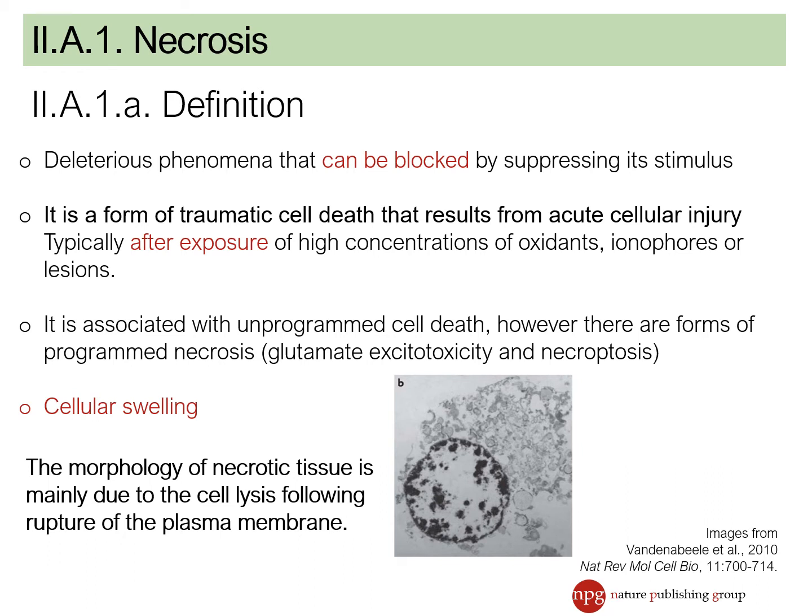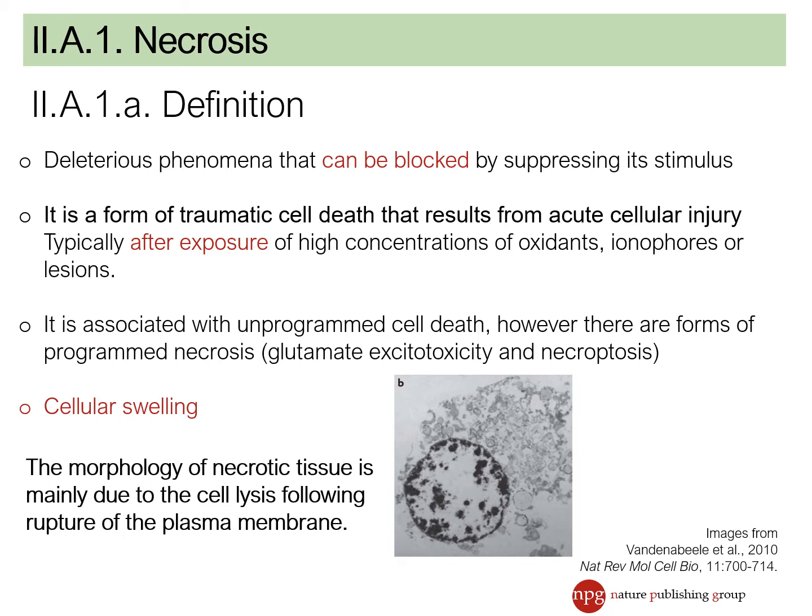So it is a process that can be stopped and it can be interrupted once you identify what is causing the necrosis initiation. This is a form of a traumatic cell death that results from an acute cellular injury or an internal exposure of high concentrations of oxidants, ionophores, or different types of lesions.